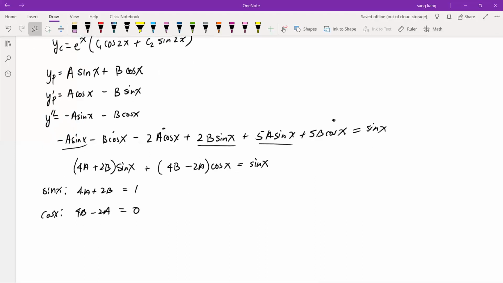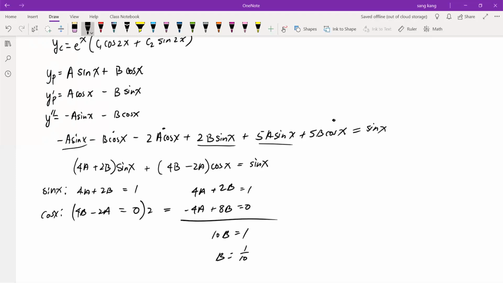I'm going to multiply this bottom one by 2. This gives me minus 4a plus 8b equals 0. If I sum up 1 and 2, I get 10b equals 1, so b equals 1/10.